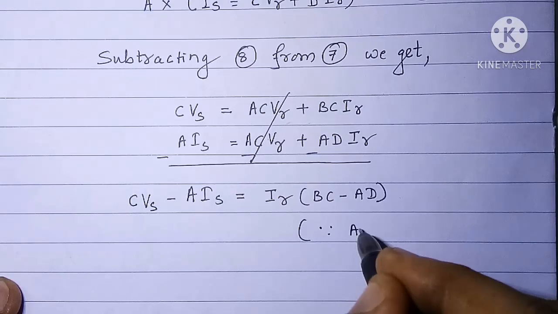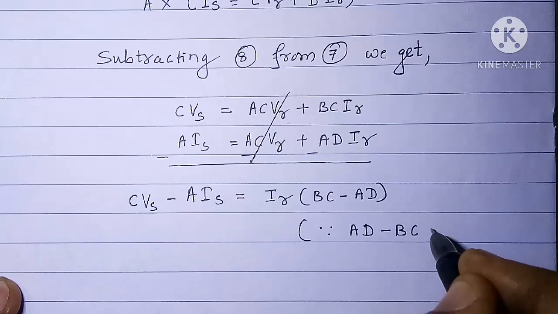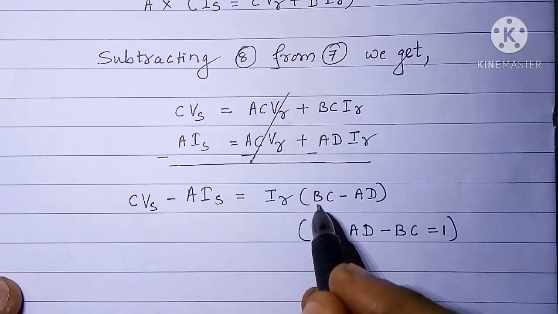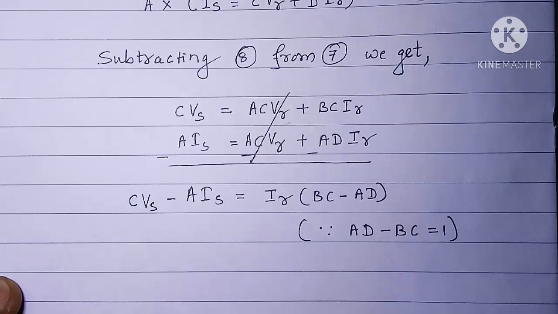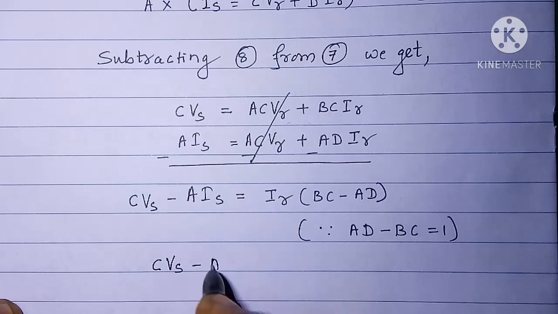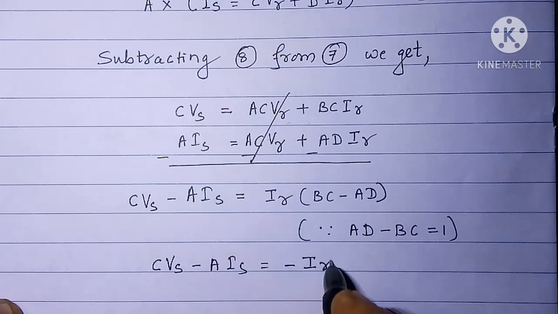Since AD minus BC equal to 1, I can use BC minus AD as minus 1. So, C into Vs minus A into Is equal to minus IR.